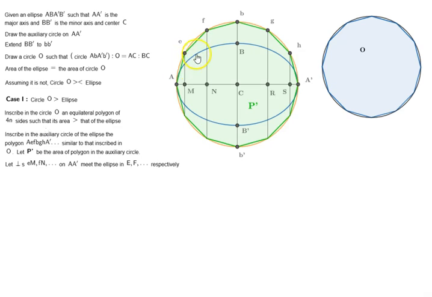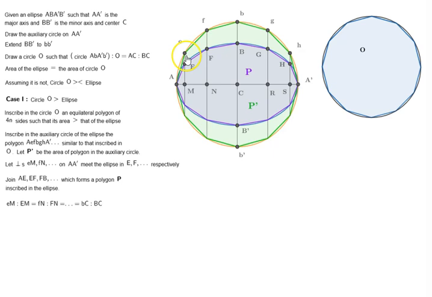And now let's mark the intersection of the ellipse with these perpendicular lines: capital E, capital F, capital G, capital H. Join A E, E F, F B, G H, and so on, which forms a polygon P inscribed in the ellipse.